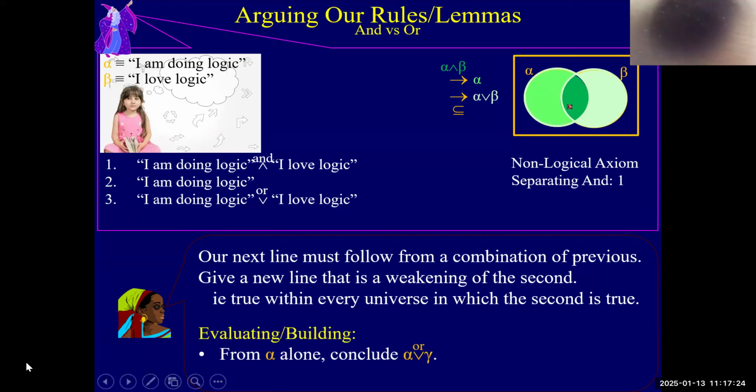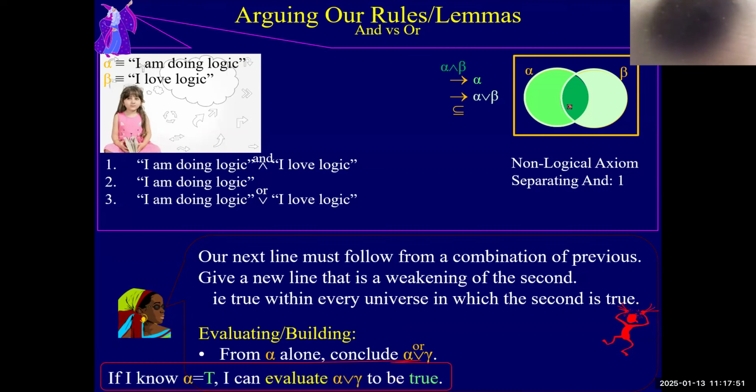All right. So I call this evaluating or building, because you can think about it in 2 ways. You can think, I know the value of alpha is true, so I can evaluate the or to be true. That's kind of like evaluating. And building is, I know this little structure is true, so I can build a bigger structure, right? Does that make sense? And I called it evaluating build, right?